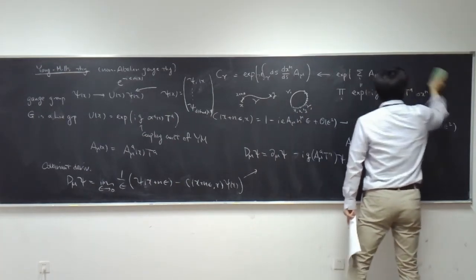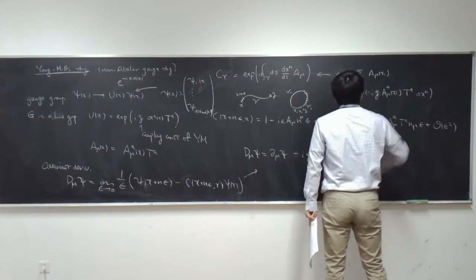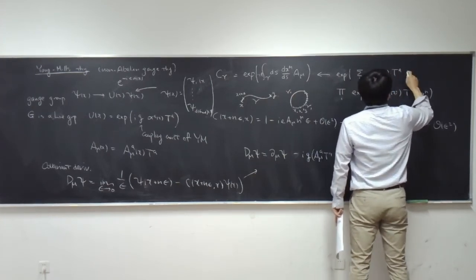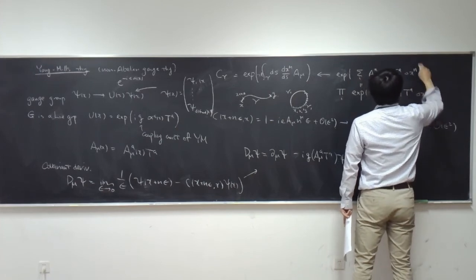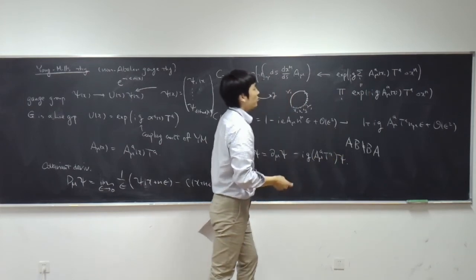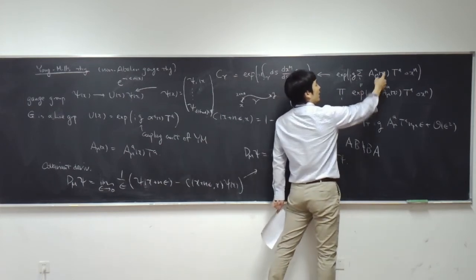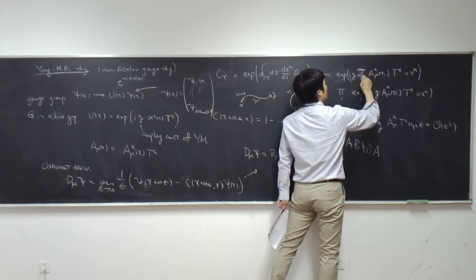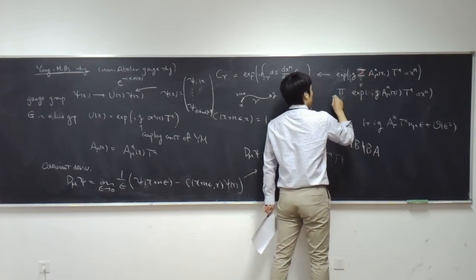You have to take the product in a path ordered way, and therefore when you take the sum over i of A^a T^a delta x^mu times g, the product is path ordered.